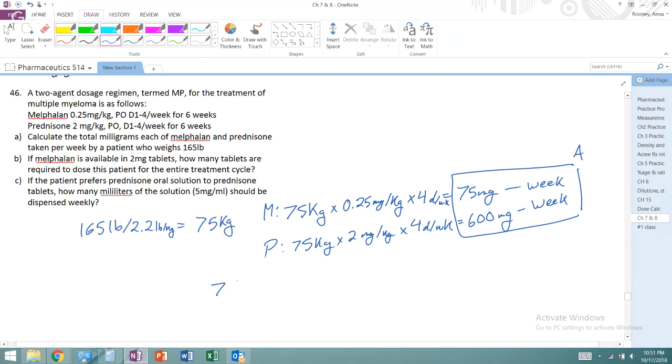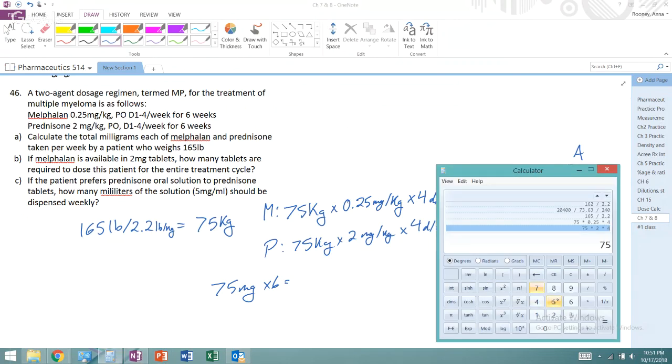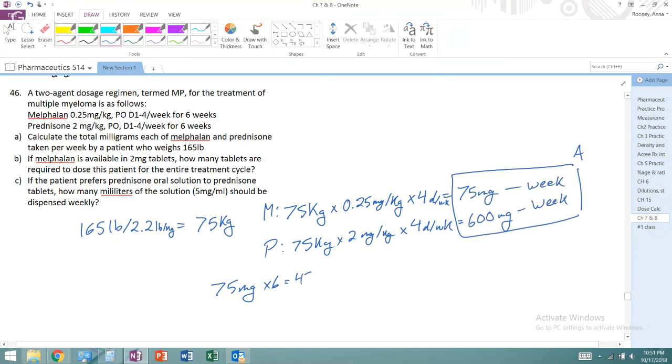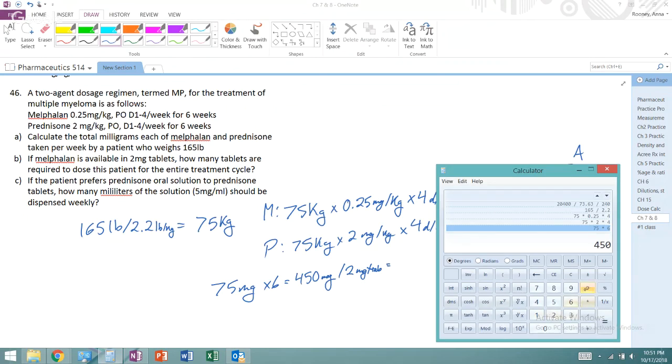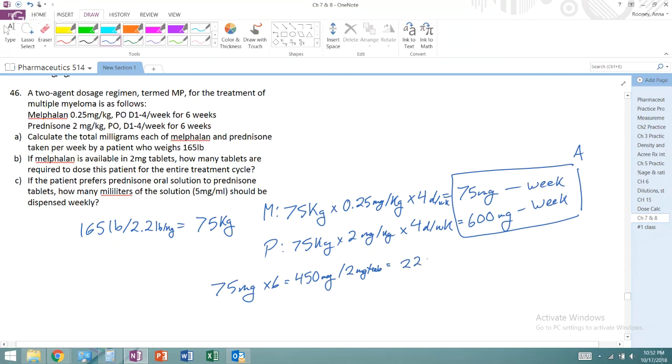So we just take 75 milligrams and multiply it by 6 to find out the total treatment amount, which is 450 milligrams total over the whole treatment, and then divide by 2 milligrams per tablet to find out how many tablets. So that's a lot of tablets. 225 tablets, and that is for part B.